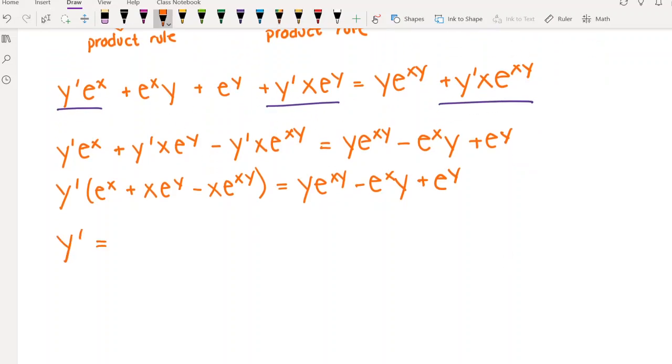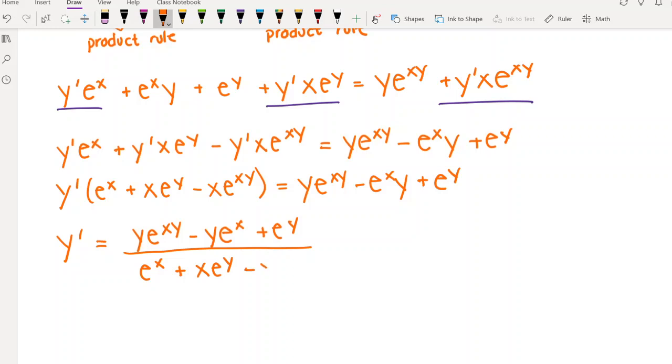So if we divide everything, we'll get y e to the xy minus, I'll write it as y e to the x plus e to the y, divided by e to the x plus x e to the y minus x e to the xy.